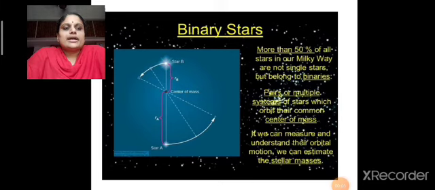The movement of binary stars is also according to the conservation principle. Binary stars are nothing but pairs of stars which orbit their common center of mass. That is, these two stars will move so that their center of mass lies at a common point.